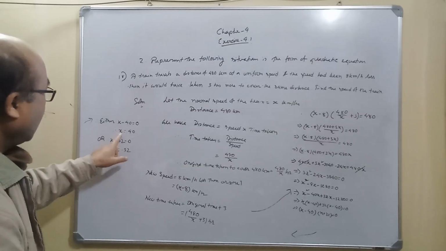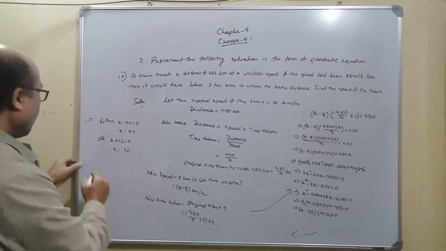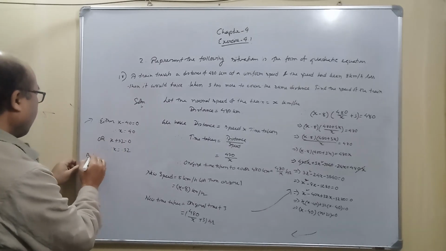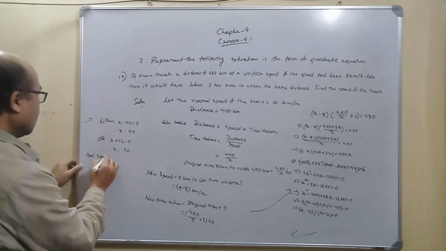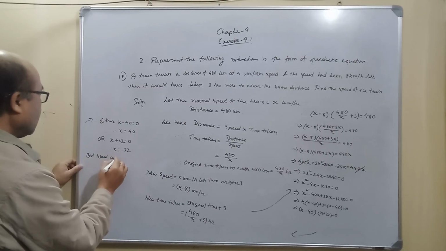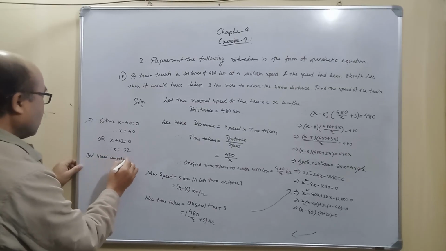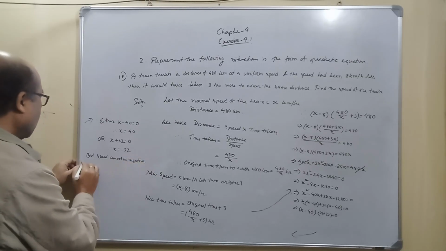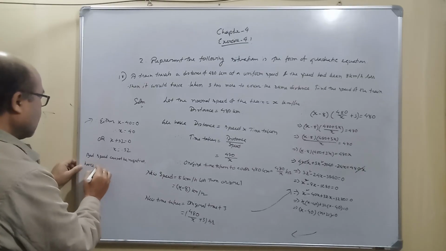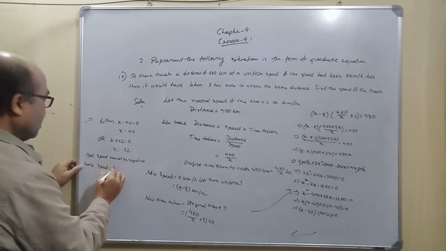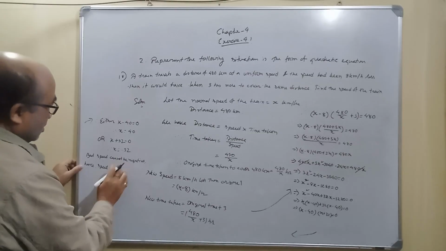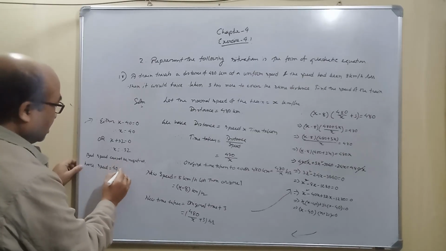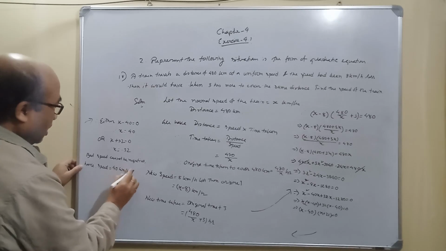So we take x as 40. Hence, speed is equal to 40 kilometer per hour.